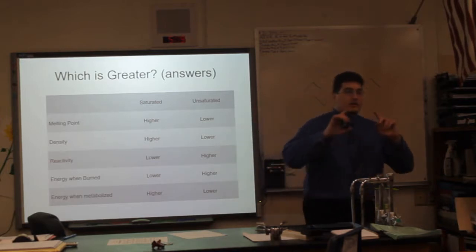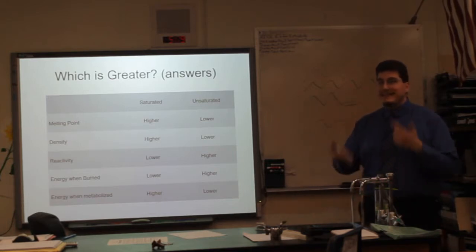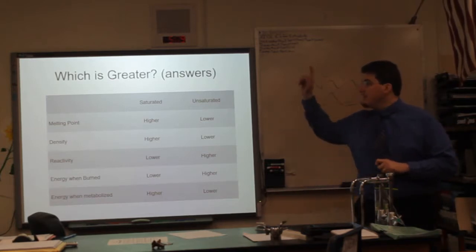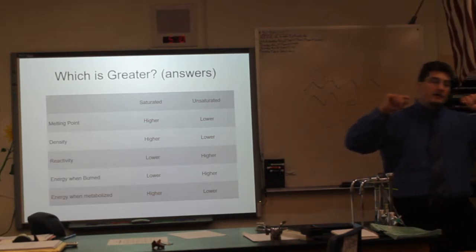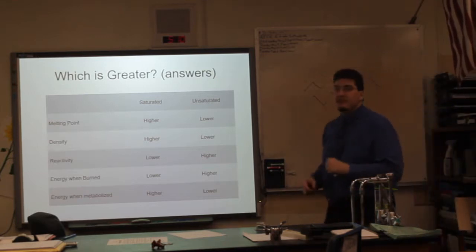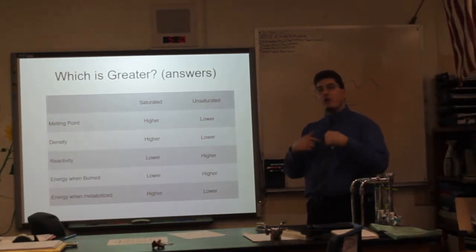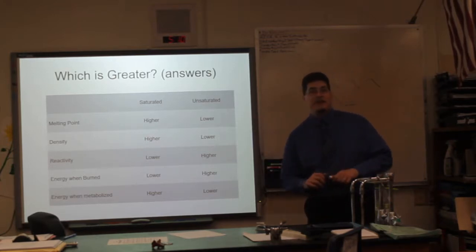But conversely, when you metabolize it, when you yourself eat these substances, you get more energy. You get more ATP by using saturated fatty acids as fuel for aerobic metabolism, aerobic respiration, than you do for unsaturated fatty acids.